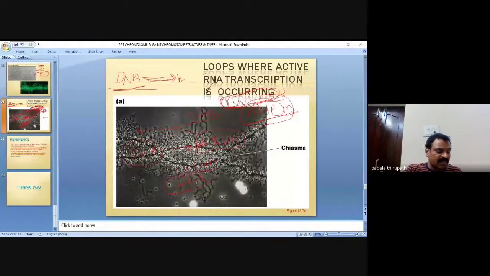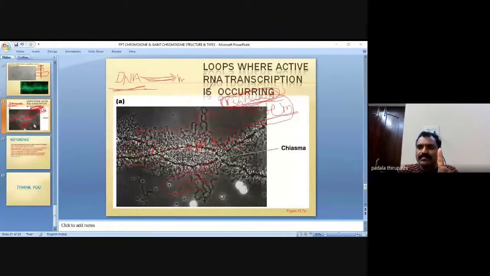And the last one, the third type of chromosomes, we call B chromosomes. Compared to polytene chromosomes and lamp brush chromosomes, B chromosomes are very, very small, so B chromosomes do not belong to giant chromosomes. Giant chromosomes are only two.